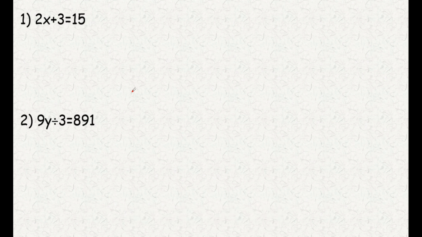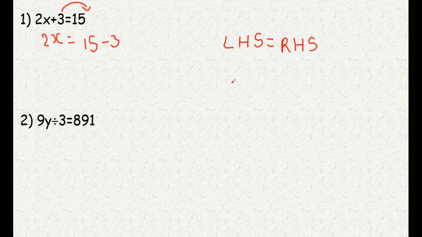Now, this is the first question: 2x plus 3 is equal to 15. If you want to take 3 to this side, the symbol should be changed: 2x is equal to 15 minus 3. Any number, if it is in the LHS and wants to go to the RHS, its symbol should be changed. Like 2 plus 3 is equal to x.